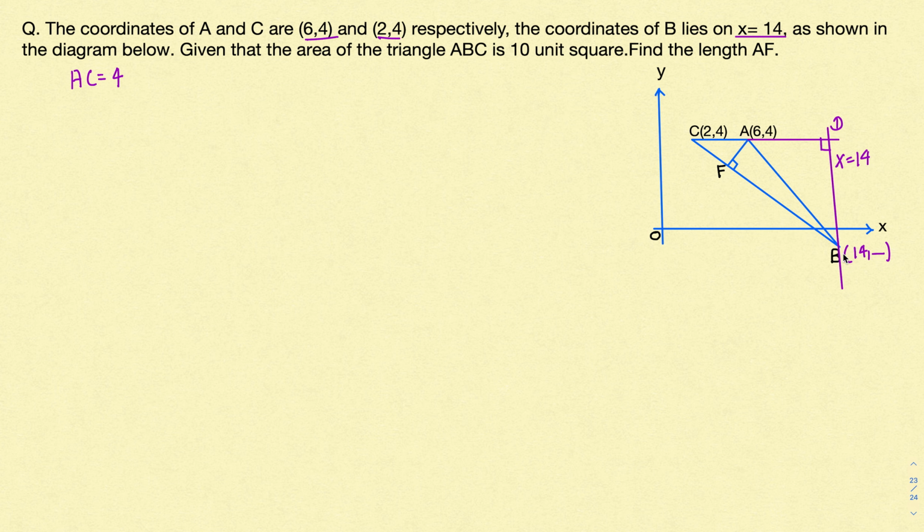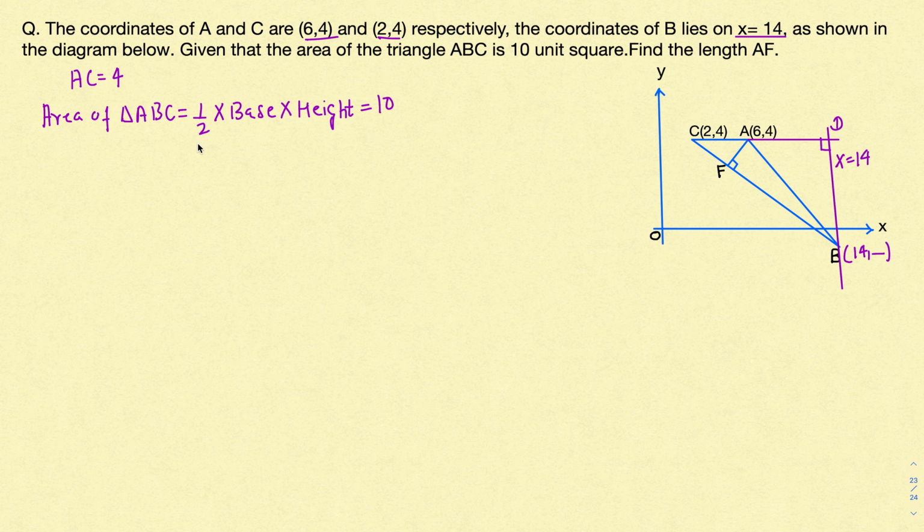Now how do we calculate its height? We have to use the area of the triangle. Area of triangle ABC is equal to half times base times height, and this is equal to 10.